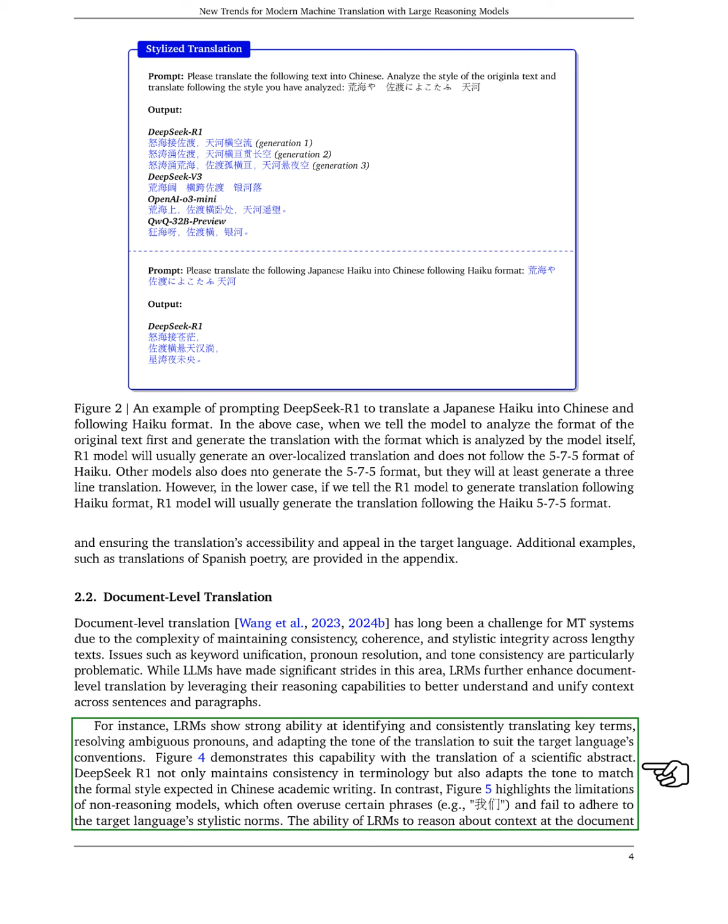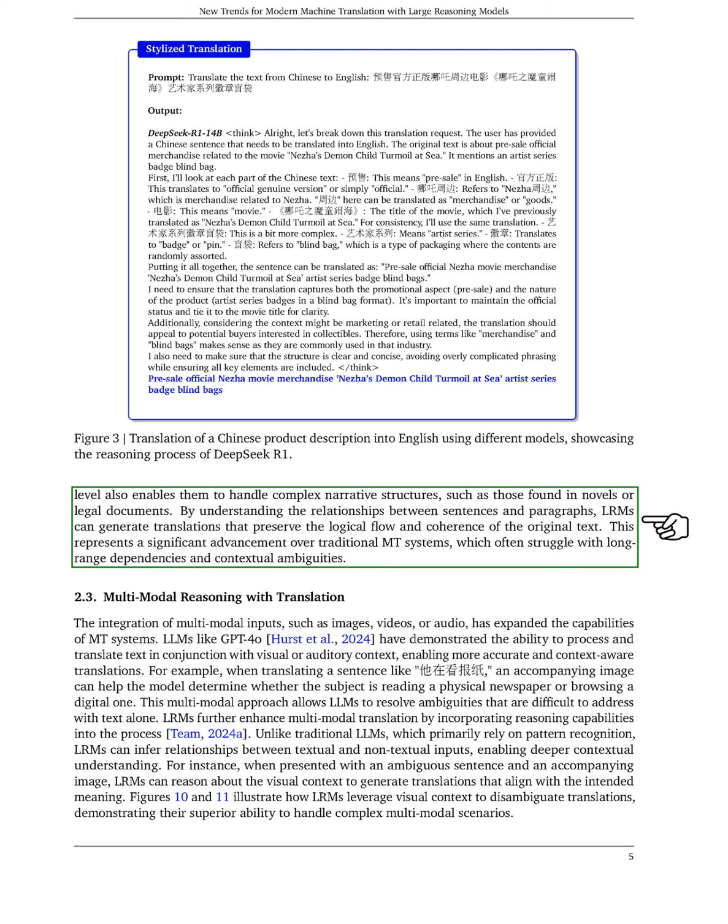In contrast, we see that non-reasoning models often misuse certain phrases and struggle with stylistic norms. LRMs' ability to reason about context allows them to manage complex narrative structures, like those in novels or legal documents, ensuring logical flow and coherence, which traditional MT systems often fail to achieve.